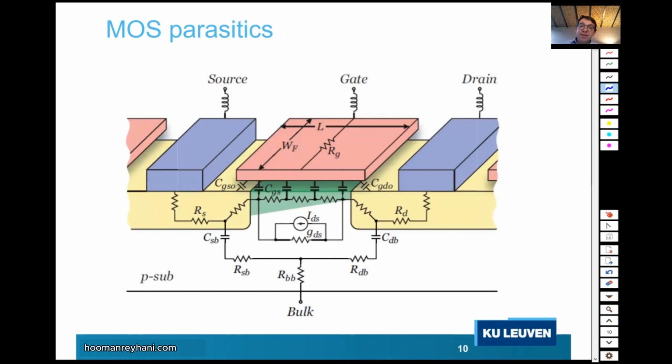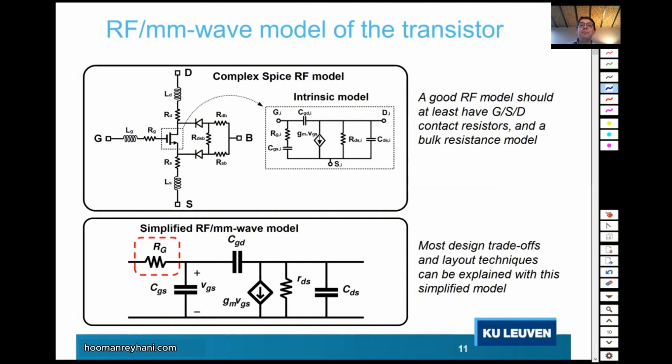And to some extent, this is taken care of by the modeling people, and this is available in your PDK. But nevertheless, it is important now to understand how do these resistors scale with the size of the transistor. And that's going to be a big topic of today's lecture. In practice, there are different approaches. Either you have a very complex model based on measurements for a set of different transistor sizes.